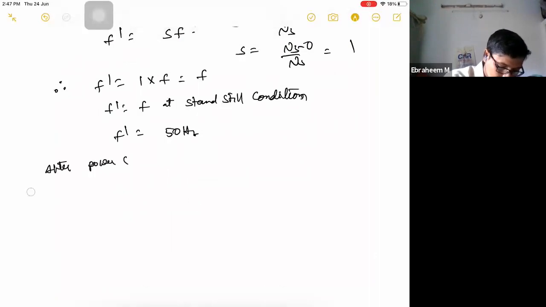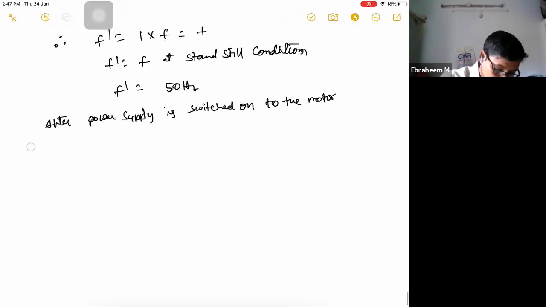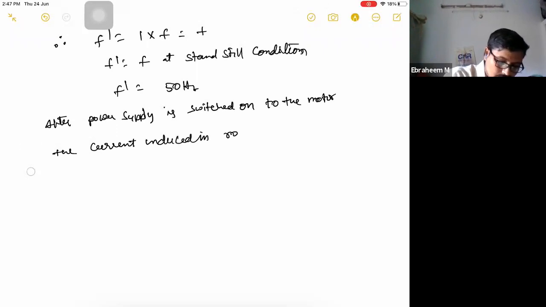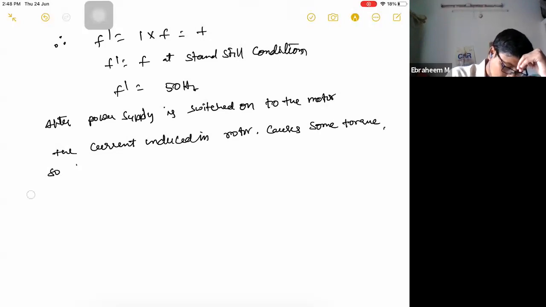After power supply is switched on to the motor, the current induced in rotor causes some torque, so the rotor starts rotating.